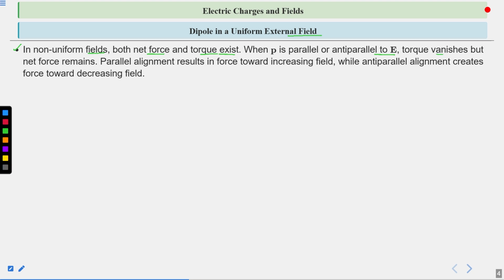Torque vanishes, but net force remains. Parallel alignment results in force toward increasing field, while anti-parallel alignment creates force toward decreasing field.